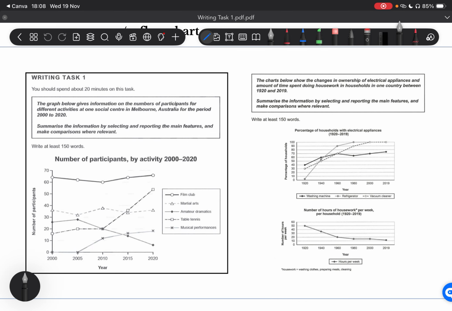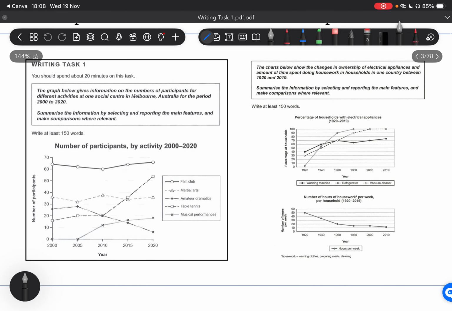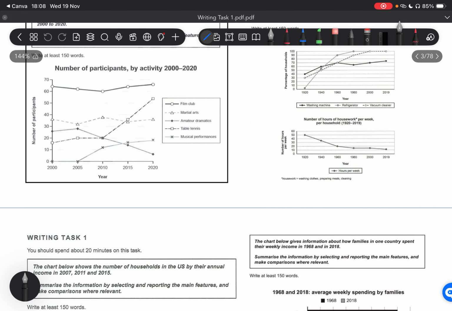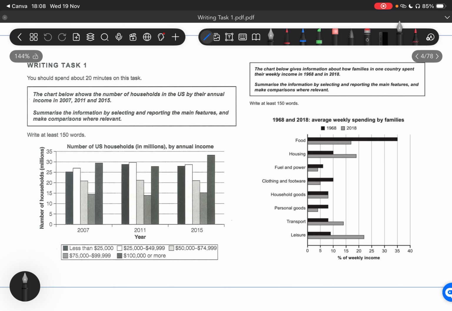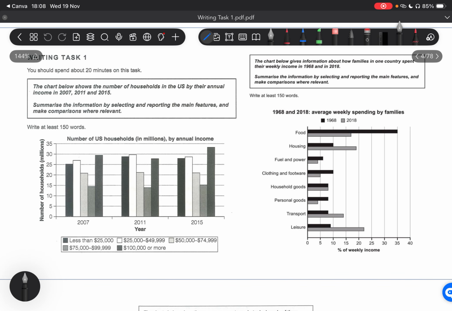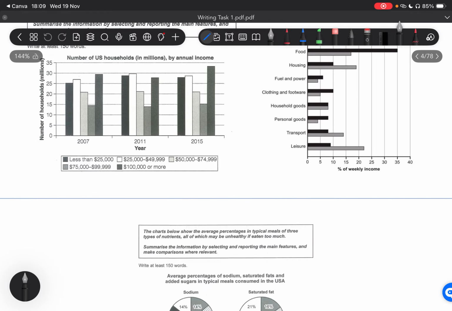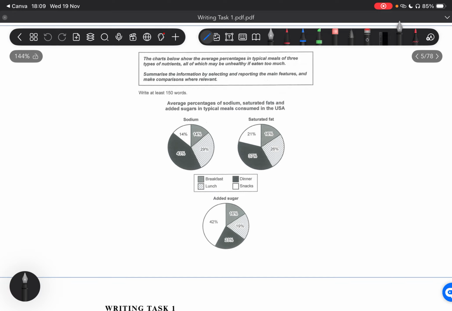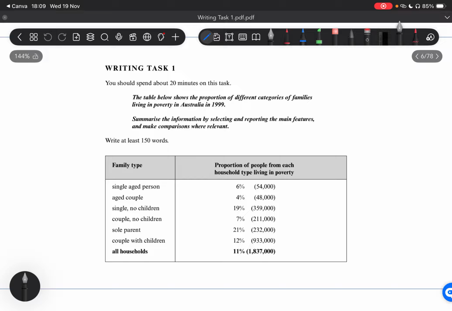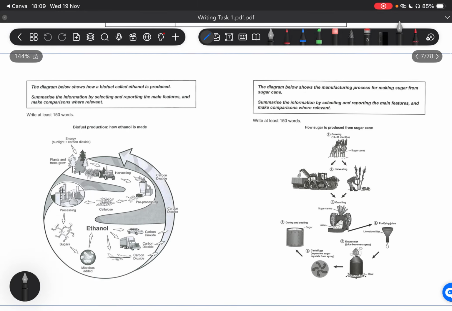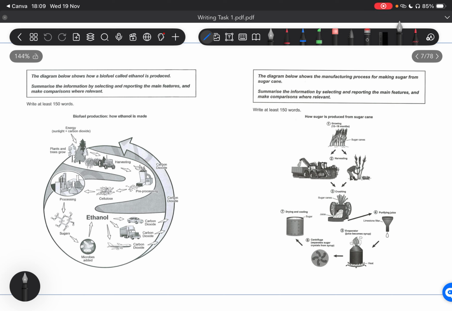And that is how you get your task in writing task 1. You'll get line graphs like this, or bar charts like this. As you can see, bar charts can come in horizontal or vertical forms, and also pie charts. And here's a table, and we have processes.